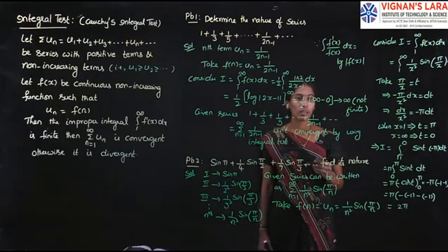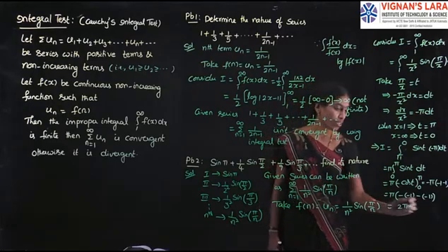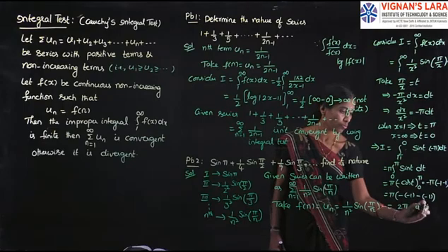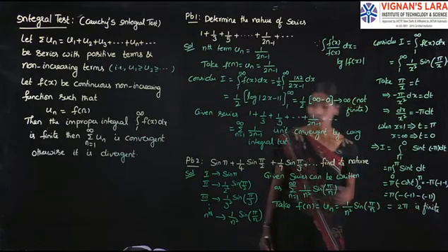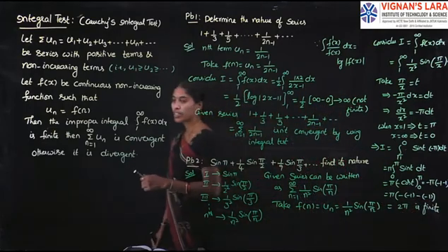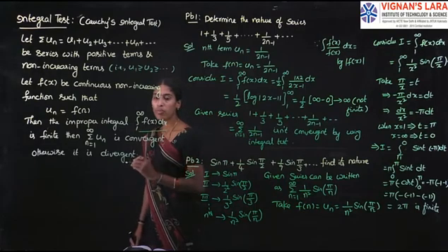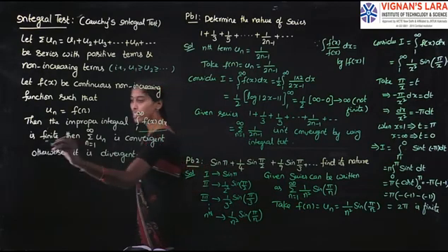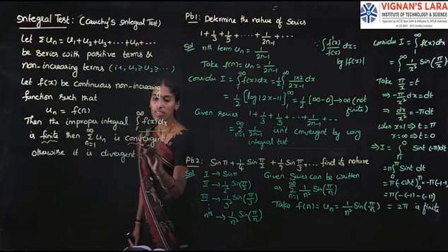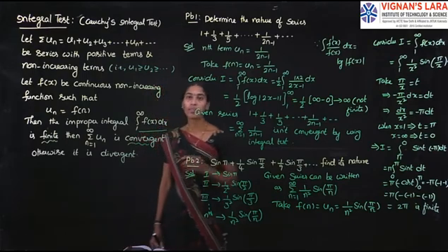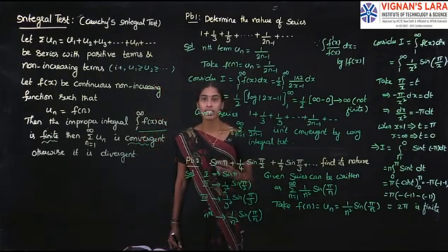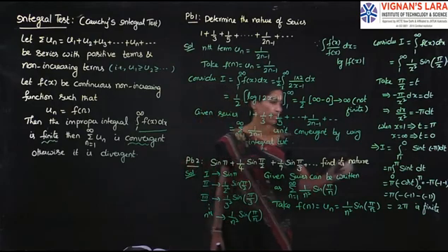Because 2 pi is a finite value, by using the integral test, if integration 1 to infinity f of x dx is finite, then the series is convergent. If it is infinity, then the series is divergent, right?